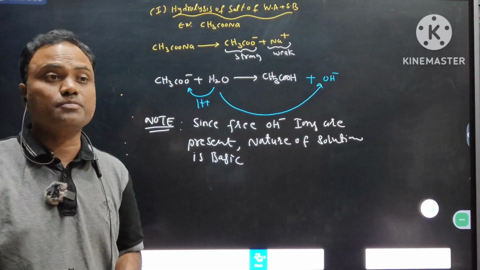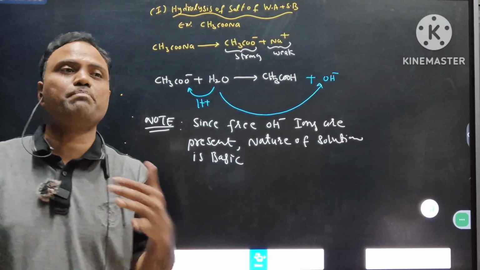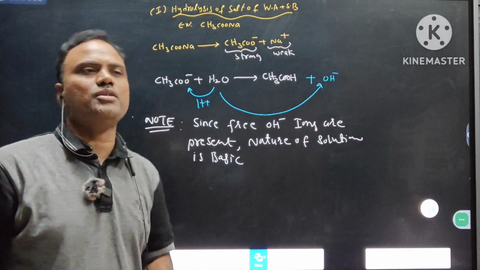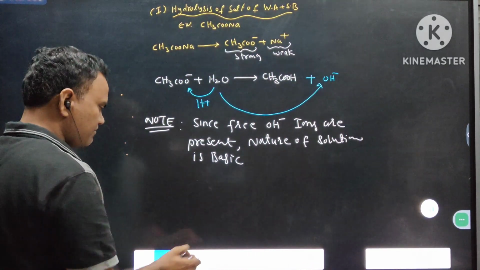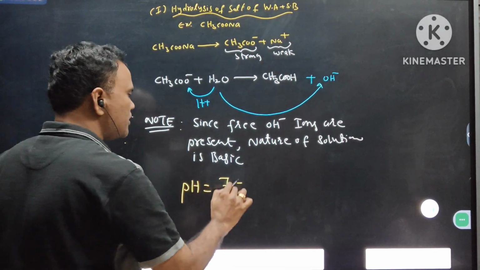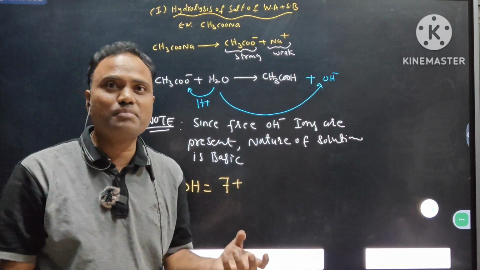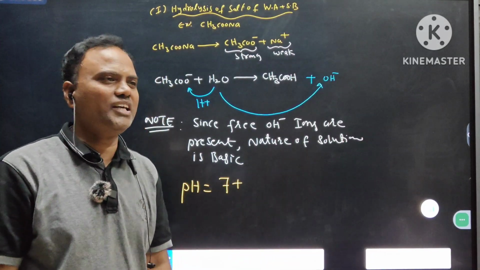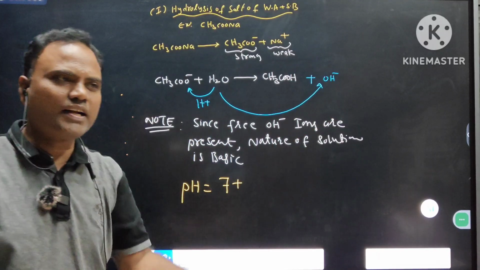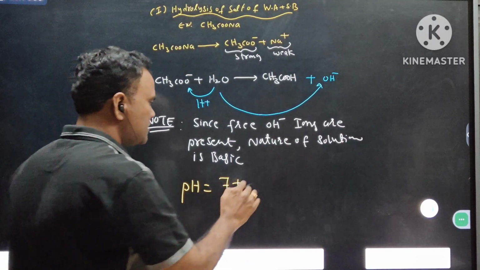For basic solutions pH is greater than 7. Greater than 7 means 7 plus something or 7 minus something? 7 plus something. So the formula starts like this: pH is equal to 7 plus. You may get confused between 7 plus and 7 minus, but it is very easy. Free OH minus ions are there, so it is basic, so greater than 7, so 7 plus.